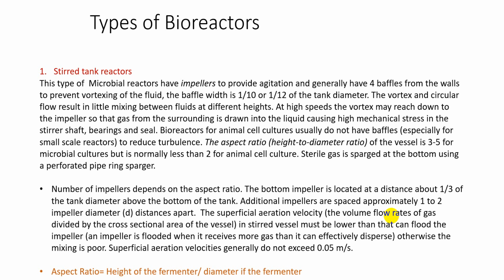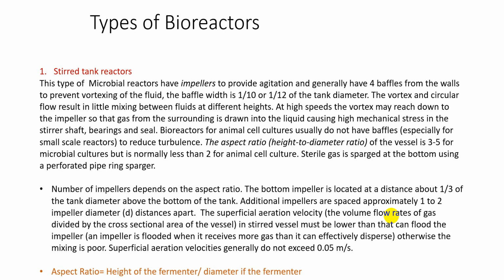In case of animal cell culture, we use a fermenter with a less height, and sterile gas is passed at the bottom using a perforated pipe ring sparger. The number of impellers depends upon the aspect ratio. The bottom impeller is located at a distance of 1/3 of the tank diameter above the bottom of the tank.